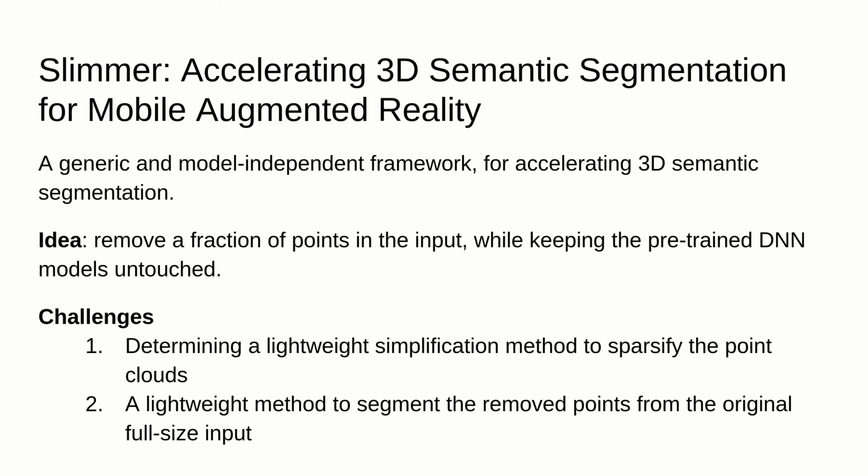The first one is to determine a lightweight simplification method to simplify the point cloud, and the second challenge is to segment the removed points from the original full-size input. This is because we simplify the input, and thus the results do not necessarily represent the original requirements of segmenting a given full-size point cloud. Therefore, we also need to assign labels for the removed points in the original point cloud.